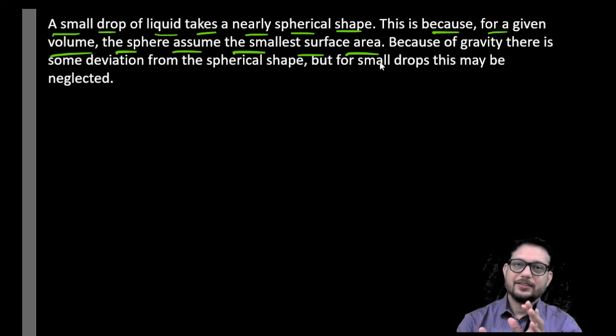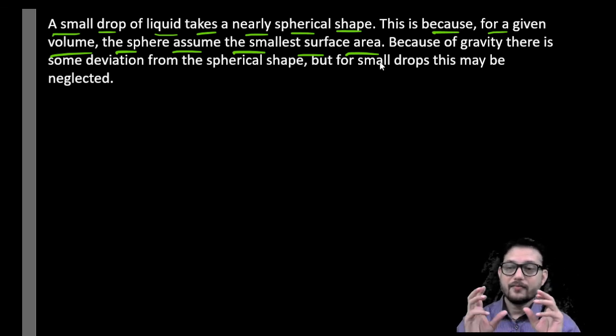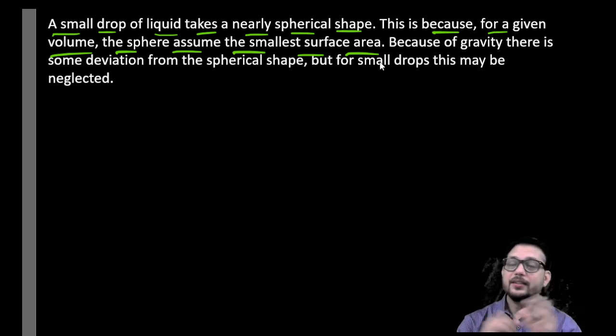So if we take different types of shapes, like a triangle, a circle, a cone, in 3D, the minimum area belongs to the sphere. That's why a liquid drop, or a raindrop we can say, occupies a spherical shape due to the existence of surface tension.